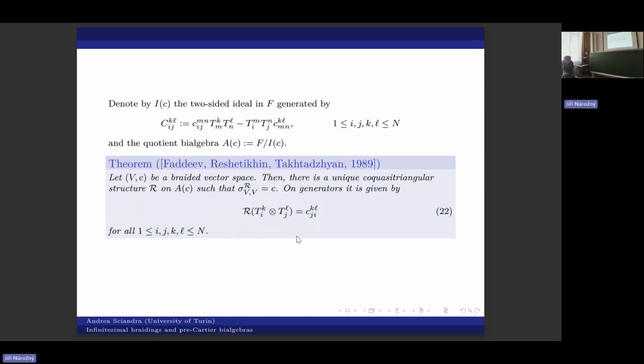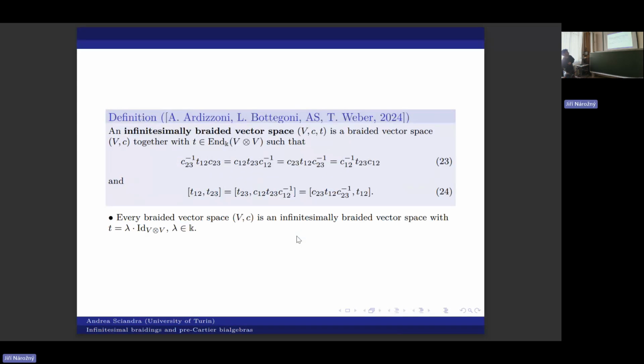Now we want to do an infinitesimal FRT construction, so we will produce a new quotient. We will quotient this AC with another bi-ideal, and we will induce some pre-Cartier structure on it. So we need, in fact, to give this definition of infinitesimal braided vector space.